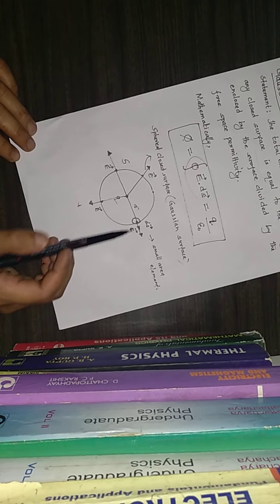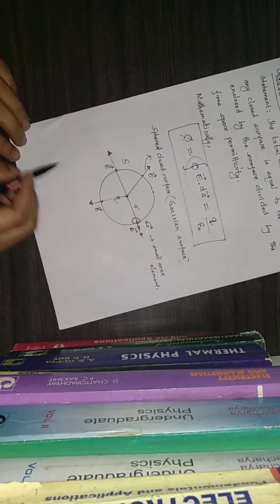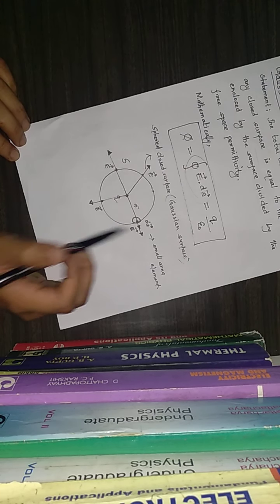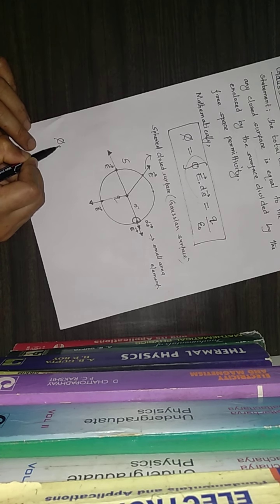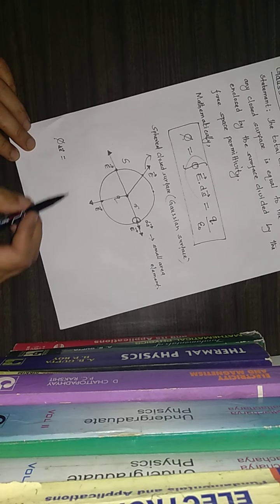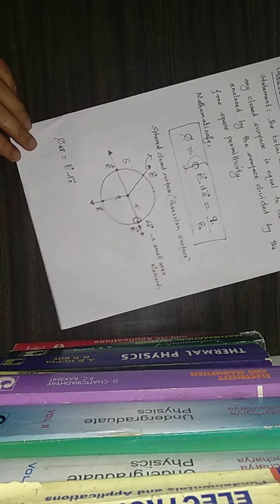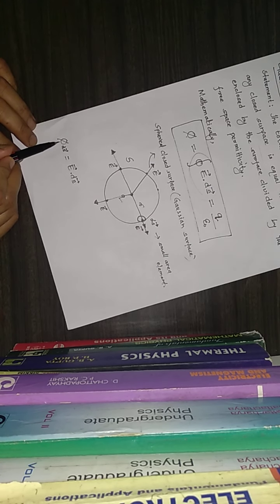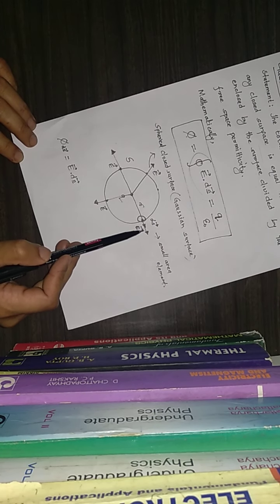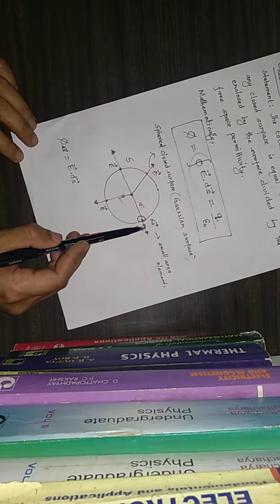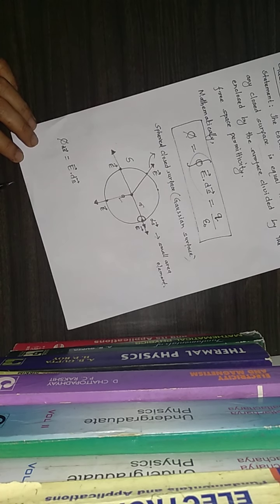Now I want to calculate the flux flowing through this particular ds element. We have the formula for this, from the definition of electric flux: E dot ds. Now ds and E are directed along the same direction, which means there is a 0 degree angle between the ds and E vectors.